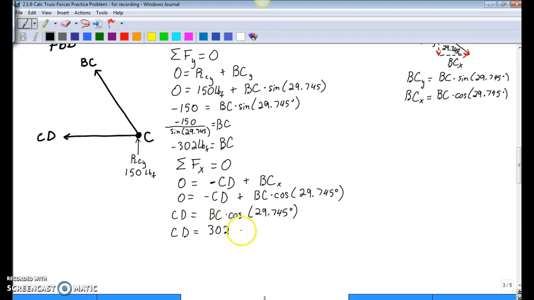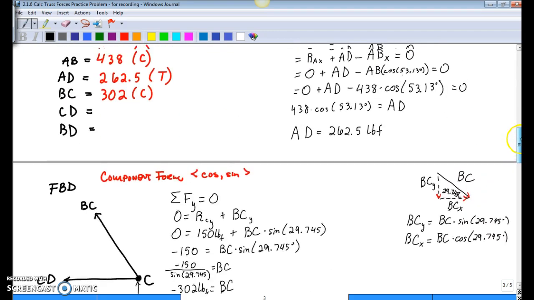Can we keep that positive? Cosine of 29.745 degrees. CD is equal to 262.5 pound force.